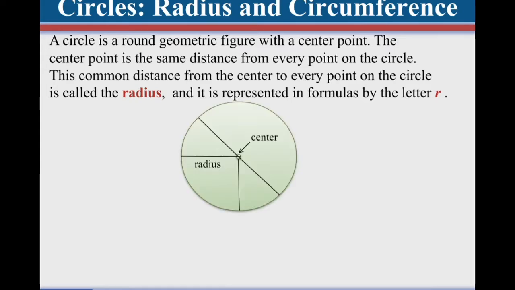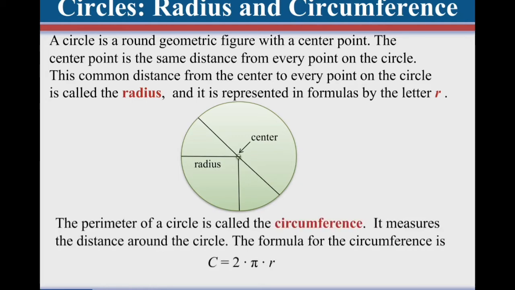Here is a diagram. You see that if you start at the center and go straight to the outer edge, no matter which direction you go, it's always going to be the same distance. And that distance is the radius, and if you were to include that distance in a formula, you would use the lowercase letter r.